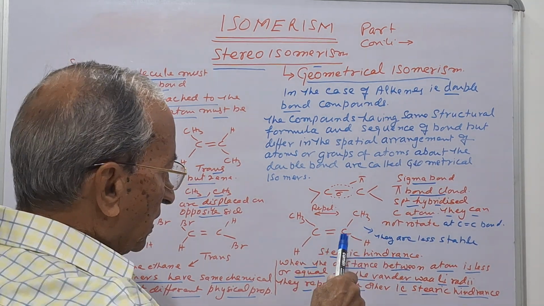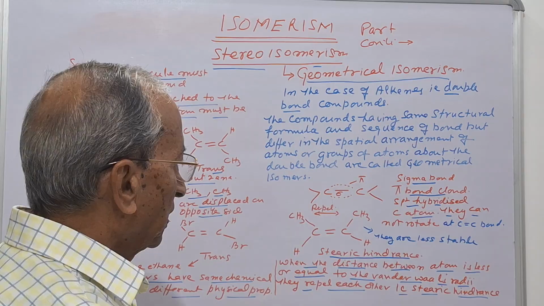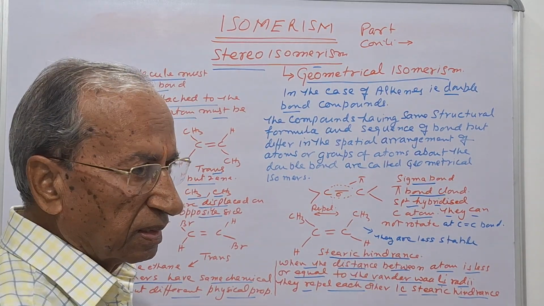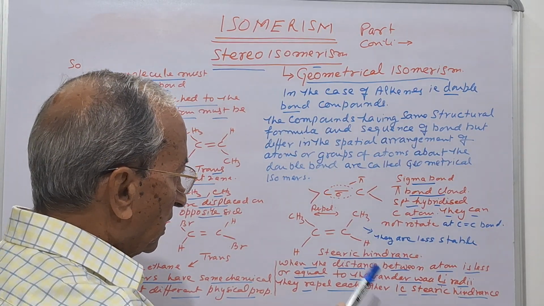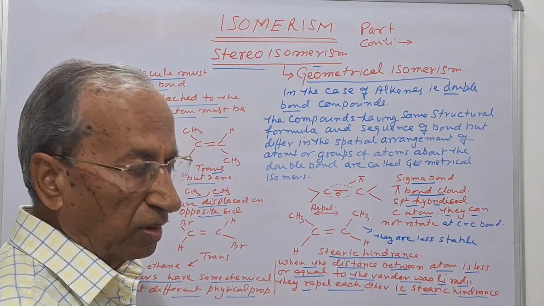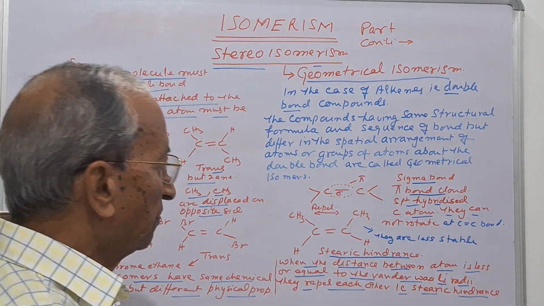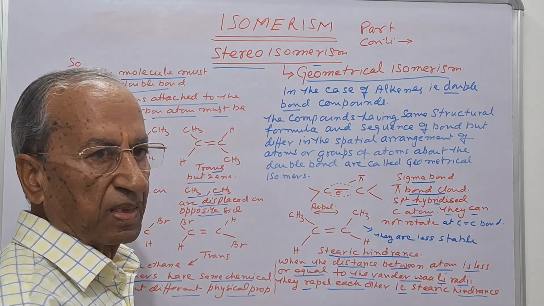Now for the rotation of the molecule at the carbon atom, due to the presence of this cloud, they cannot rotate. There is a hindrance. To rotate, they have to overcome the pi bond or remove the pi bond, and for that they require very high energy. So there is a steric hindrance.